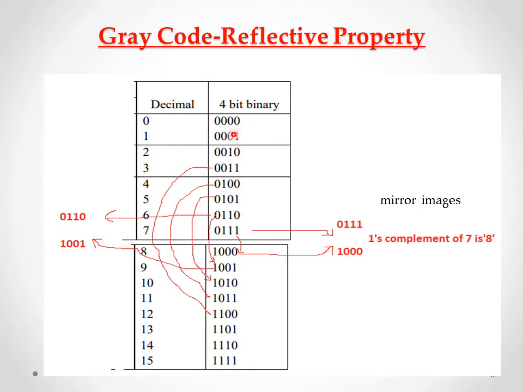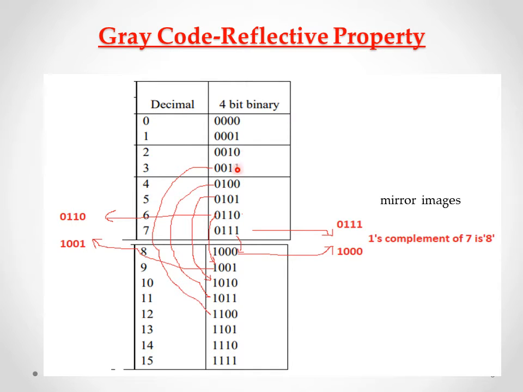And here the main property of gray code is that subsequent codes differ by a single bit. That is, this is binary 0, the next is 1, and these two differ by a single bit. Similarly, 1 and 2 differ by a single bit.